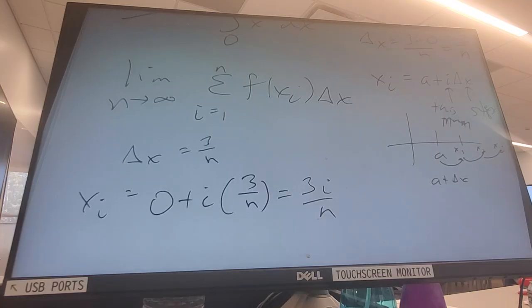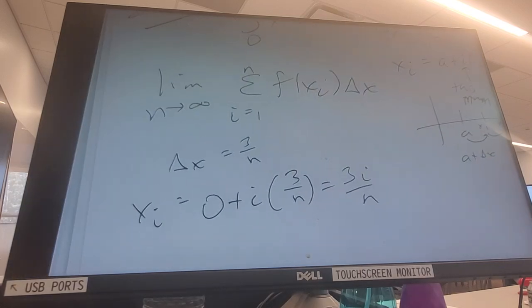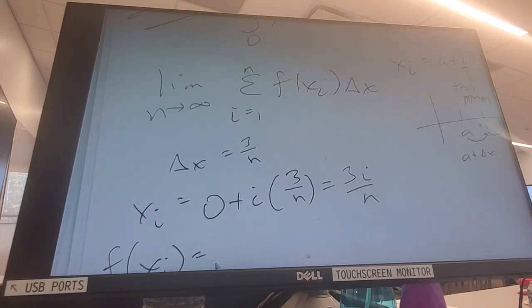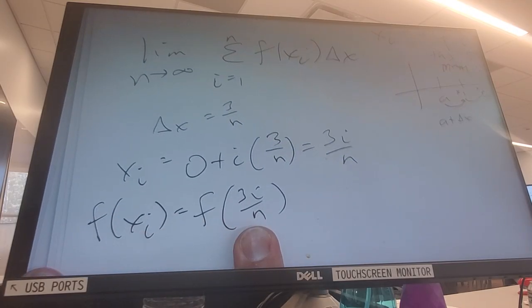So I know what delta x is. I know what xi is. Does anyone remember what that summation thing needs from me? What am I supposed to do with xi? I'm supposed to plug it in, yes? And what's my function? X squared. So f of xi is equal to f of 3i over n, because xi is 3i over n.